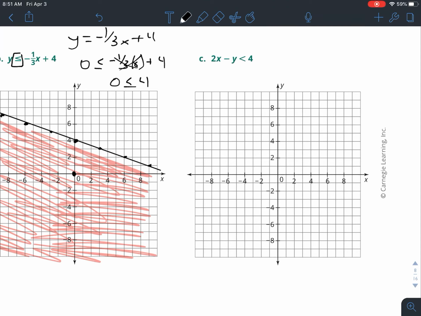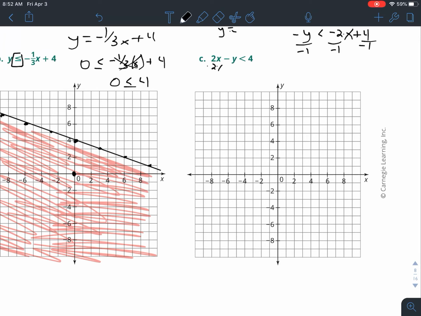When I do this, I have to get x's on the one side because we want it to look like y equals a number. So I have to subtract 2x from each side. That leaves us with negative y is greater than negative 2x plus 4. I can't have y be negative, so I have to divide each of these by negative 1.